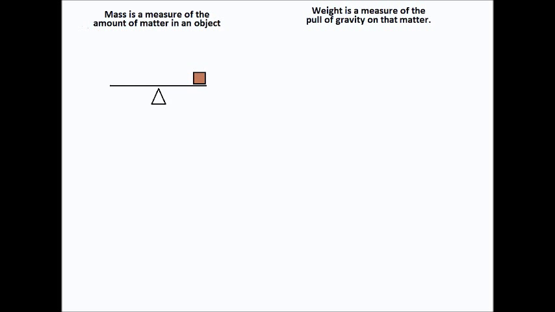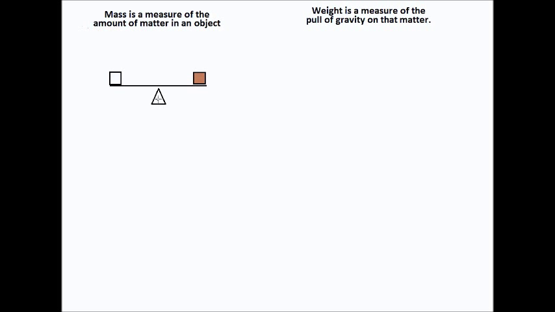And then on the other side of the balance you start adding mass until the beam levels off and balances. And at that point you know that you have the same quantity of matter on both sides of that balance. The same quantity of matter. In other words, when this beam is balanced, you know you have the same number of protons and neutrons on both sides of the balance. And that is mass. You use a balance to measure mass.